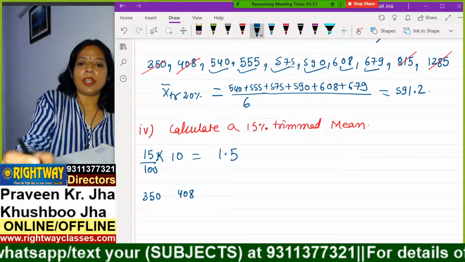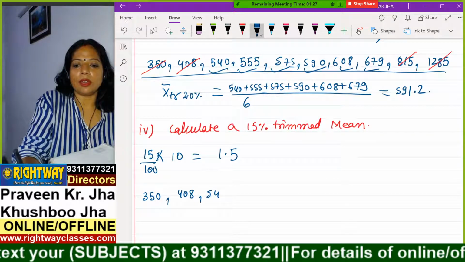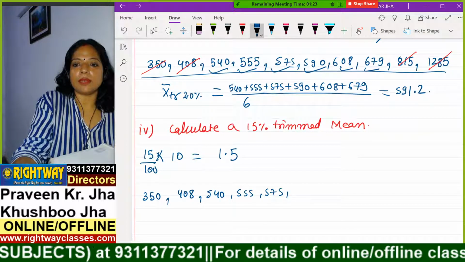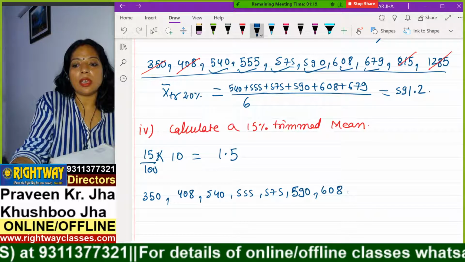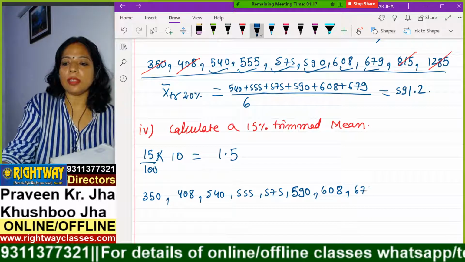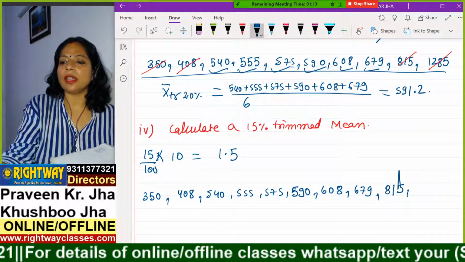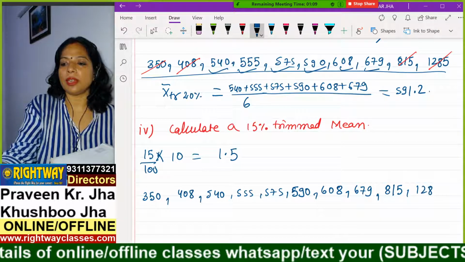I am copying all these values once again in ascending order: 350, 408, 540, 555, 575, because for a trimmed mean, first sorting is necessary. Sorting means arranging in ascending or descending manner, you can do either. It will not affect the answer. 1285.